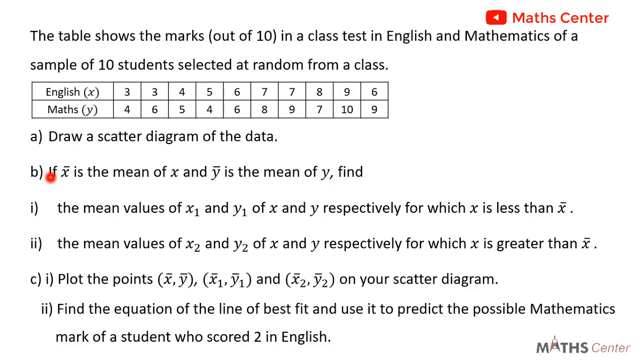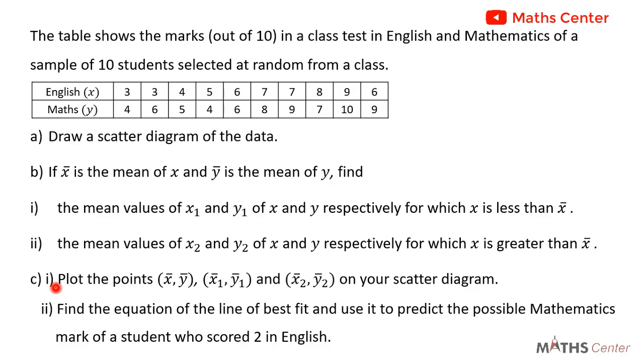Then B, if x mean is the mean of x and y mean is the mean of y, find I. The mean values x1 and y1 of x and y respectively, for which x is less than the mean of x. II. The mean values x2 and y2 of x and y respectively, for which x is greater than the mean of x.